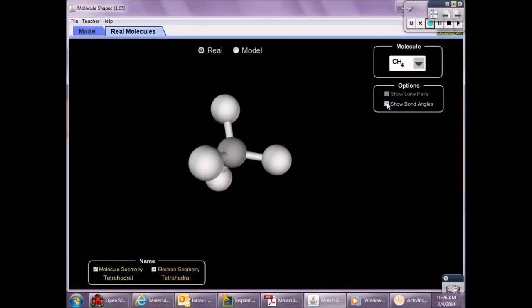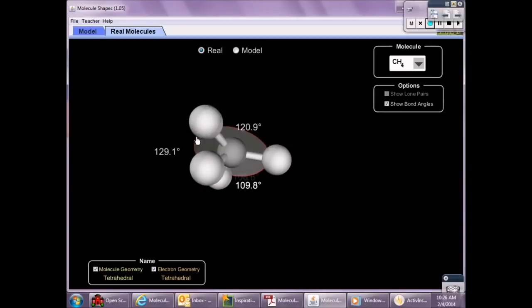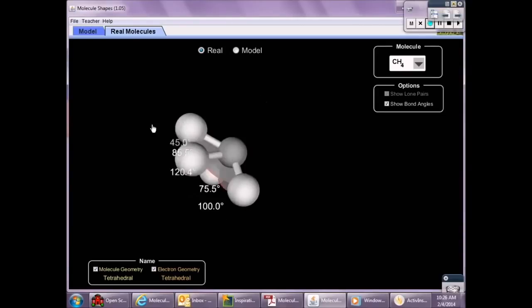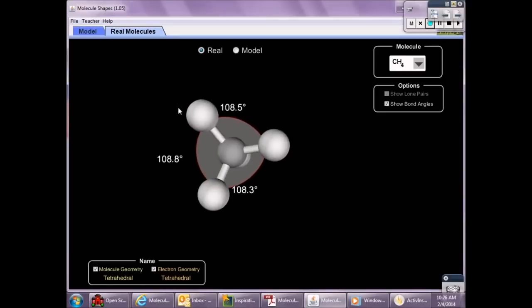It is not 90 because this is 3D. It is 109.5. Even if I move them around, when I leave them again, they will take that shape because the electrons repel each other. This is what we call the valence shell electron pair repulsion theory, VSEPR.